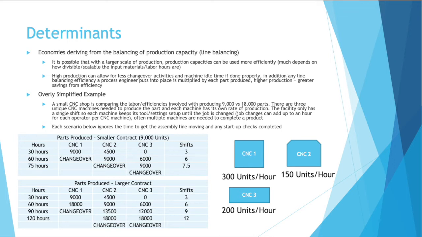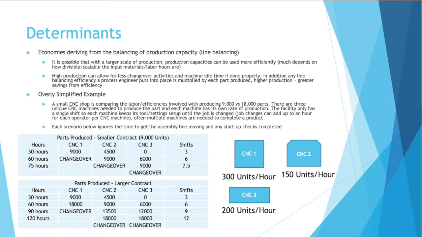High production can allow for less changeover activities and machine idle time if done properly. In addition, any line balancing efficiency a process engineer puts into place is multiplied by each part produced, so higher production equals greater savings from efficiency. That time saved on a few parts adds up when those become thousands or millions of parts.